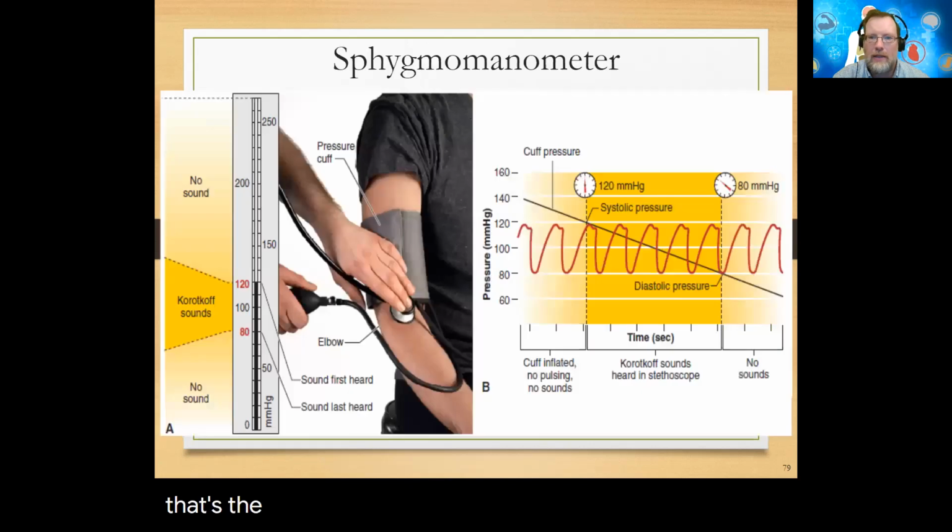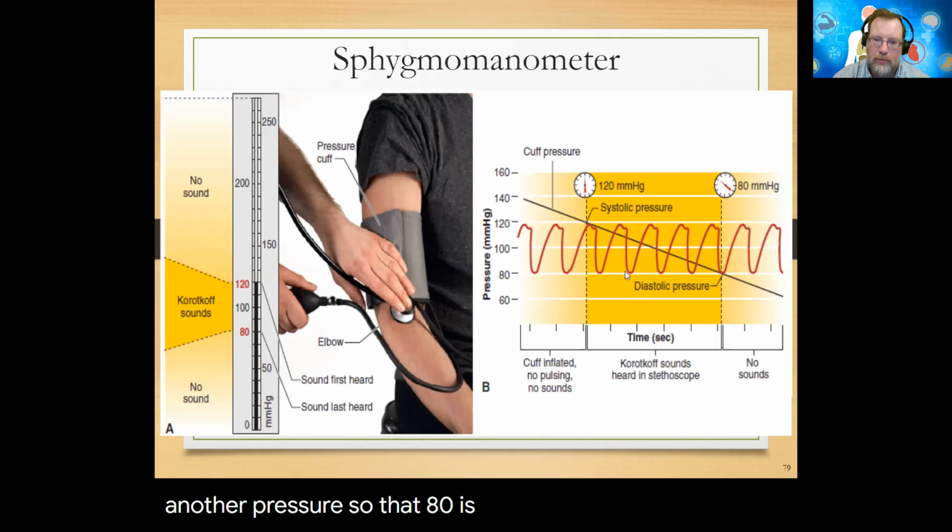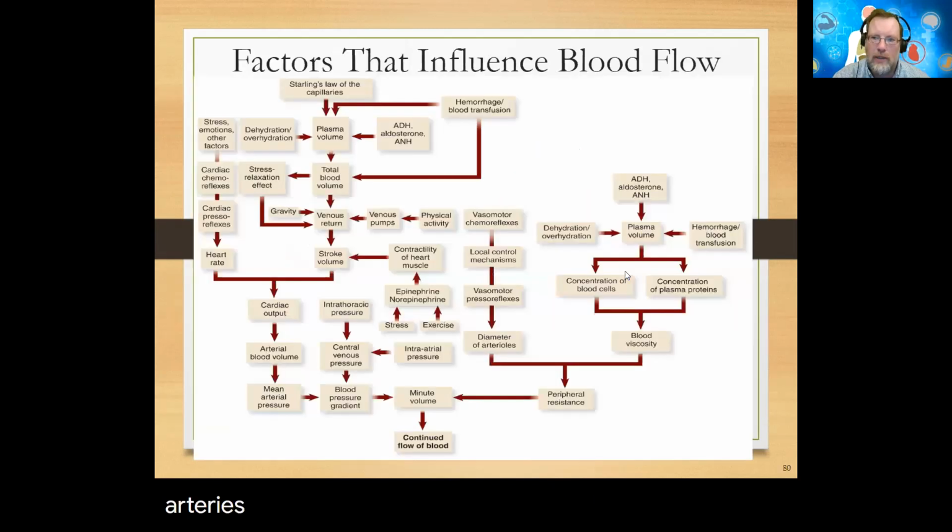That's the diastolic pressure. Okay, so systolic, boom, we get a contraction of the ventricle, we increase pressure, and then we're relaxed, ventricles are filling, and then boom, we get another pressure. So that 80 is the amount of pressure in the arteries between contractions. 120 is the amount of pressure in the artery after a contraction.